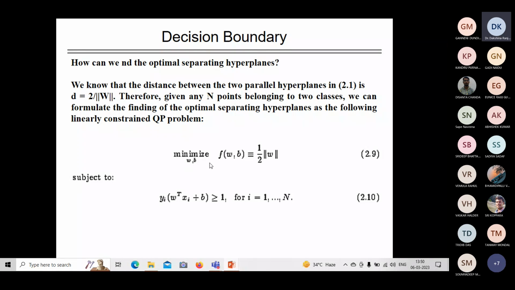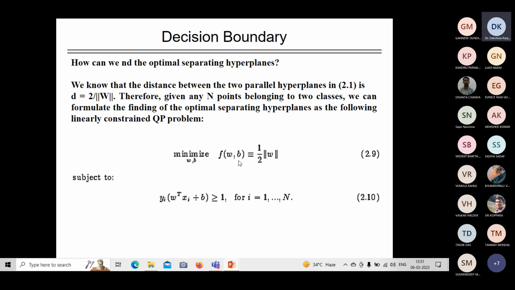Here we get f of w comma b equals half of mod of w. If we take half of w square, then it can be written as half of w transpose w, or w dot w. This is the optimization function.